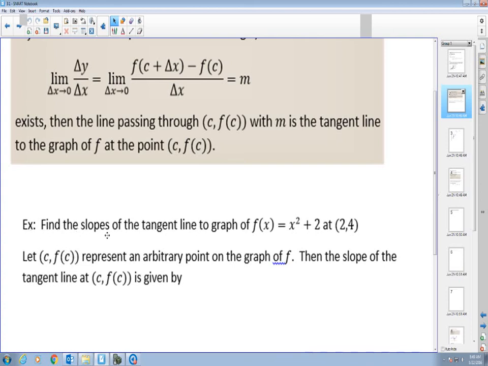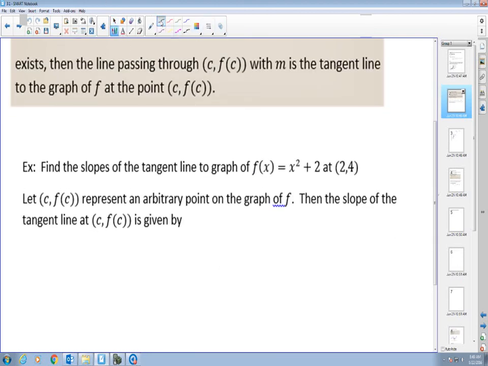If I want to find the slope of the tangent line to this graph at the point 2 comma 4, I'm going to let c comma f of c represent an arbitrary point on the graph of my function f of x equals x squared plus 2. Then the slope of the tangent line at an arbitrary point will be given by, let's try this.